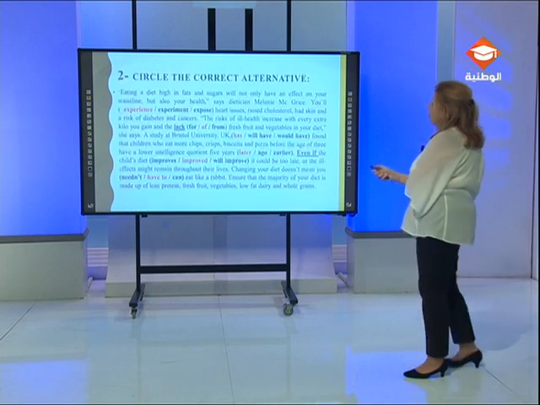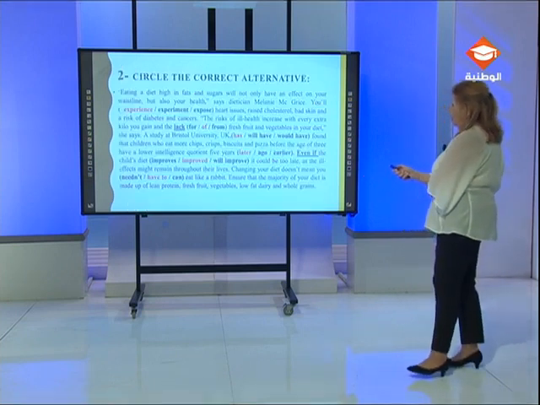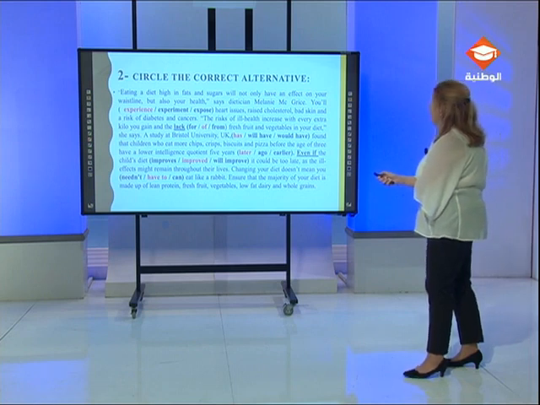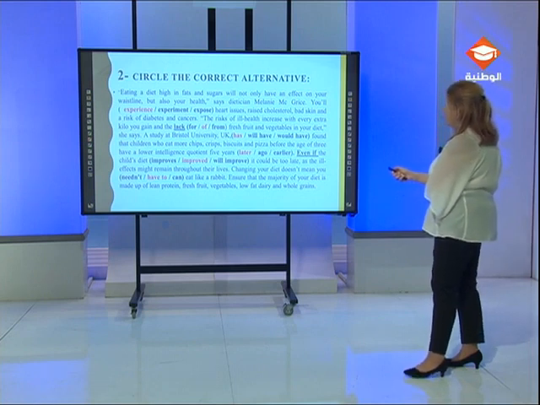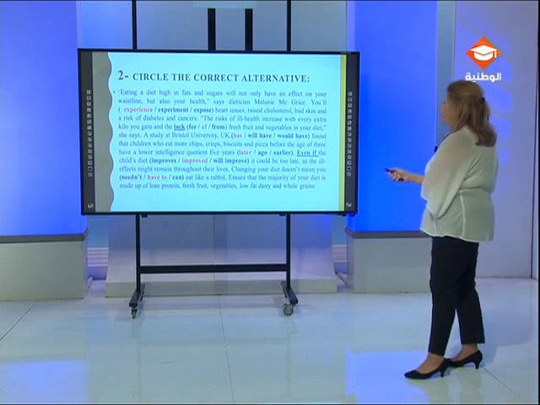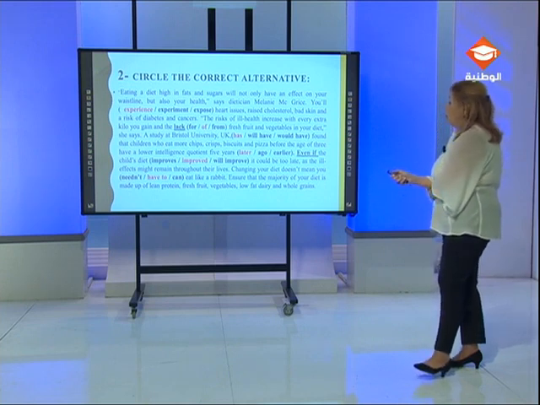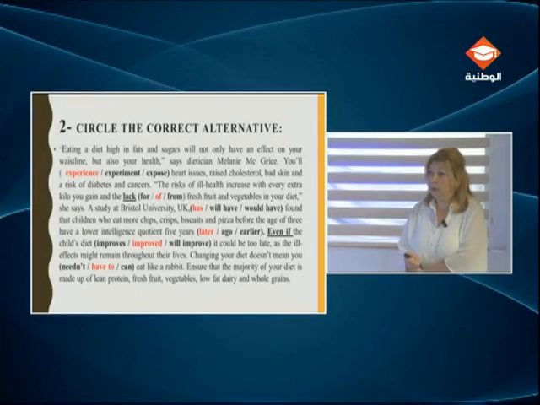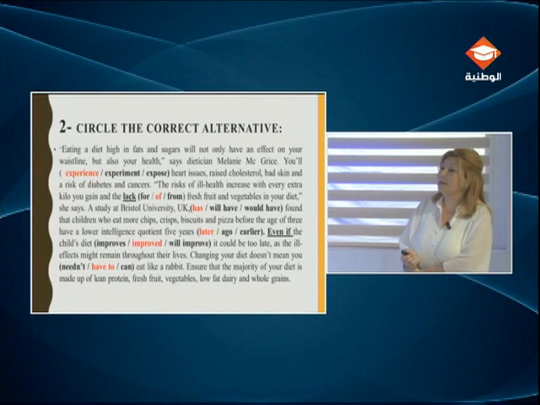We move now to the second type of exercise, in which you are required to circle the correct alternative. As usual, I read the paragraph to understand what it is about. Then I read it sentence by sentence and try to find out the answers.